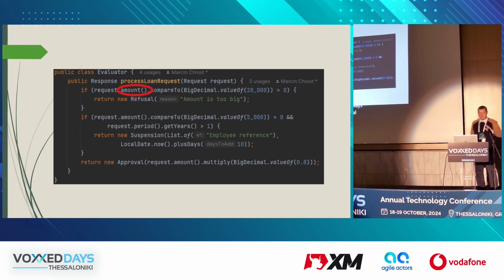No, they decided, okay, a record is just the sum of its members. So in such a case, we do not have getters. We just get the member of the record. So you should use this shortened method.